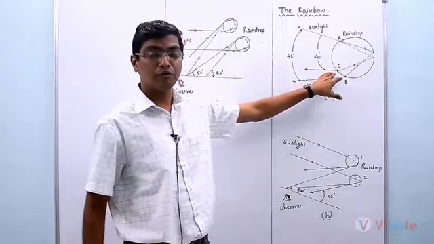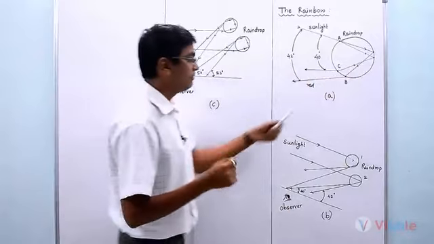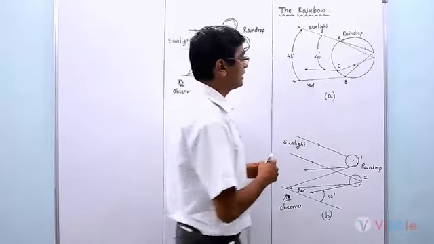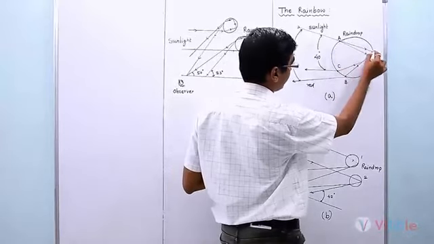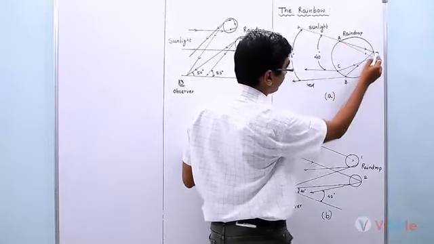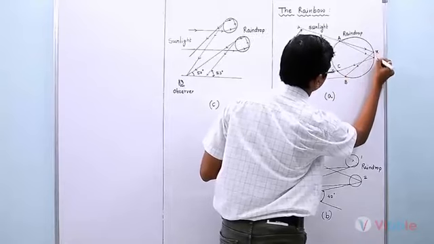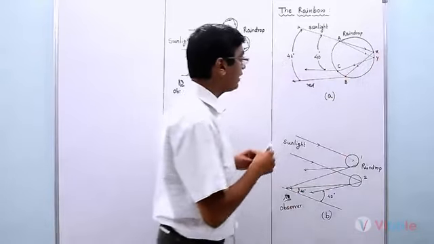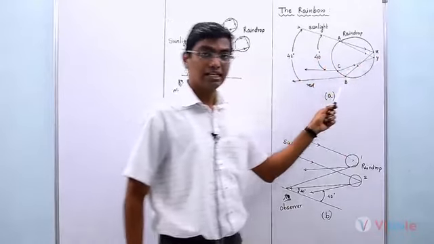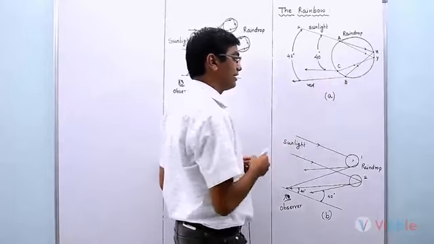At the boundary between the raindrop and the air medium, they will again undergo refraction. So as you can see here, the upper ray, which is the red ray, traverses this path A to, say this point is X, the lower point is Y. So the ray AXB is nothing but red light.